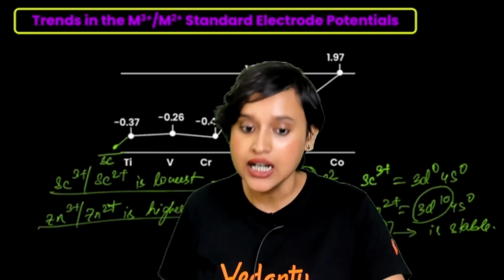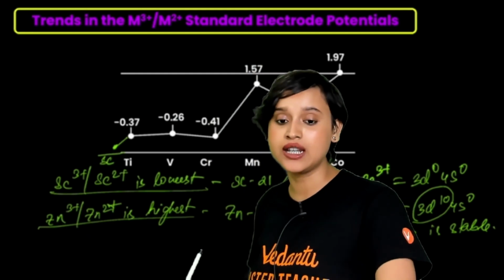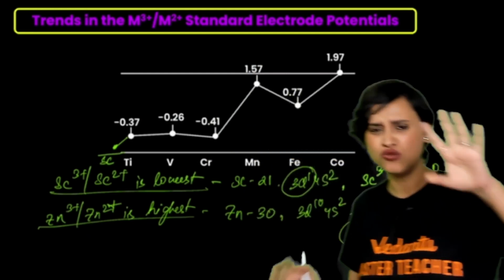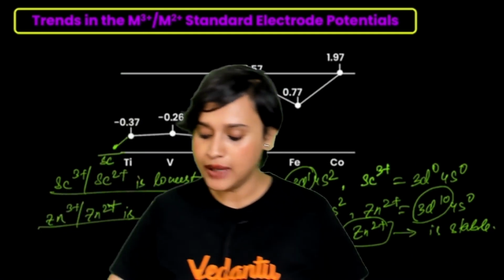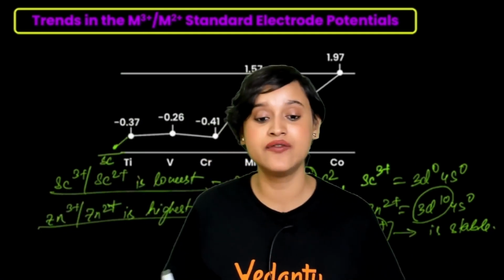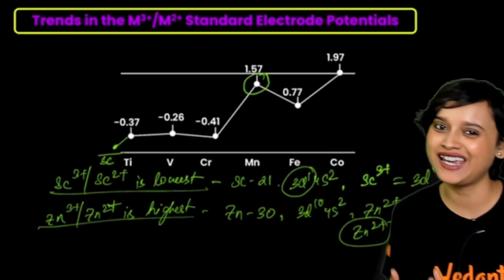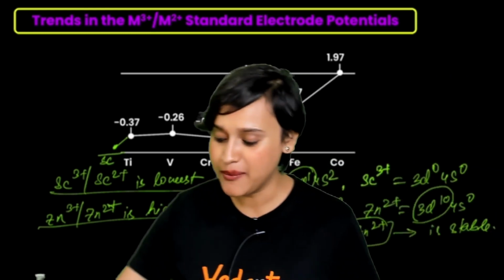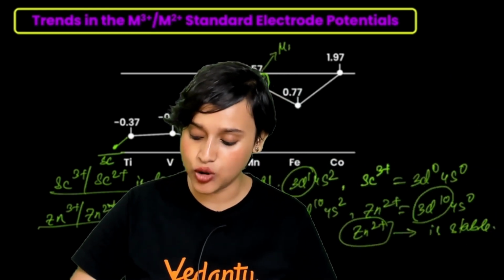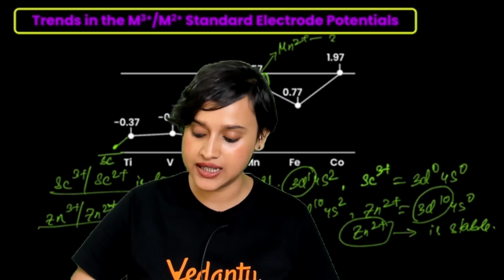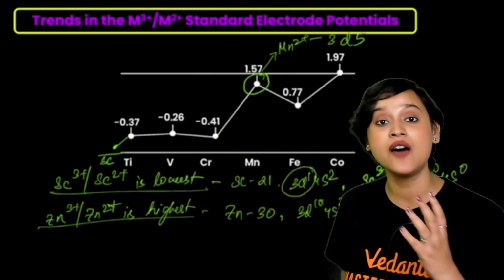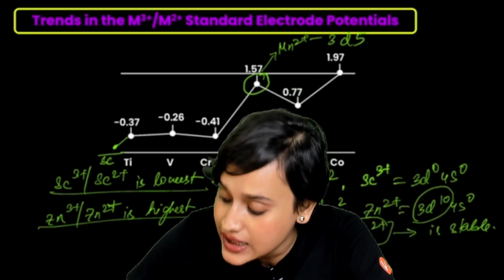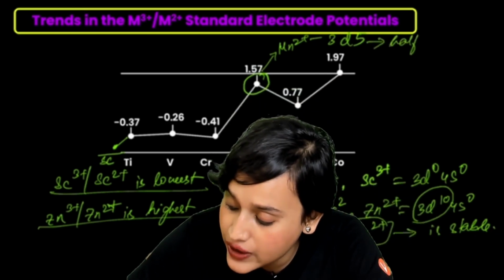Now from this graph, there are two more things. If you look at Mn, it also has a very high E naught value. Do you remember that the moment you write Mn2+, it will come to 3d5? 3d5 is half filled stability.